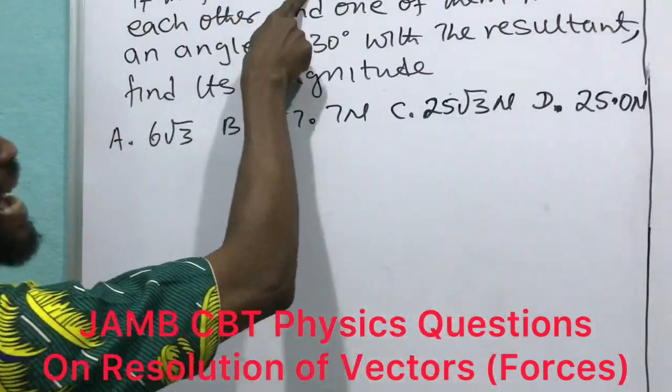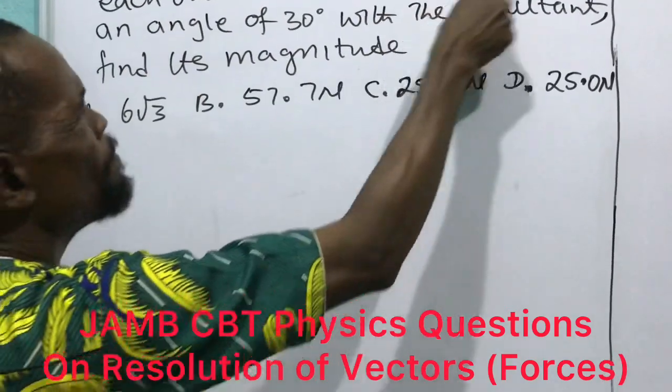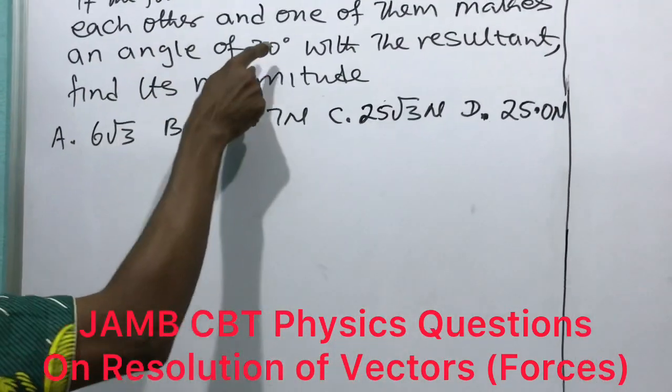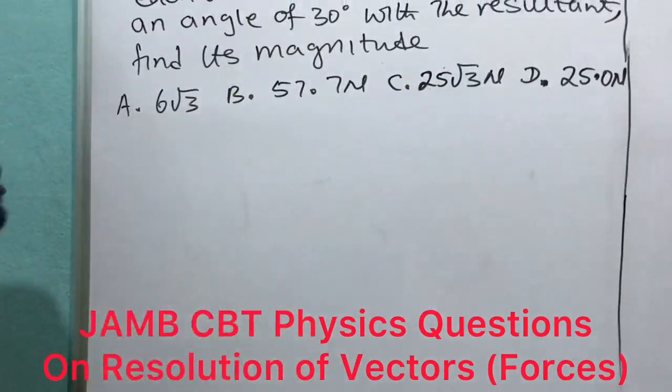If the forces are perpendicular to each other and one of them makes an angle of 30 degrees with the resultant, find its magnitude. The force that makes 30 degrees with the resultant is what we are looking for its magnitude.